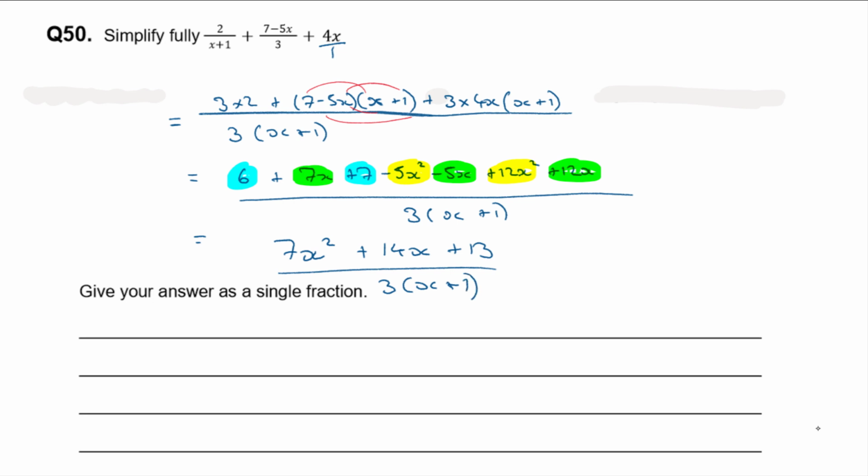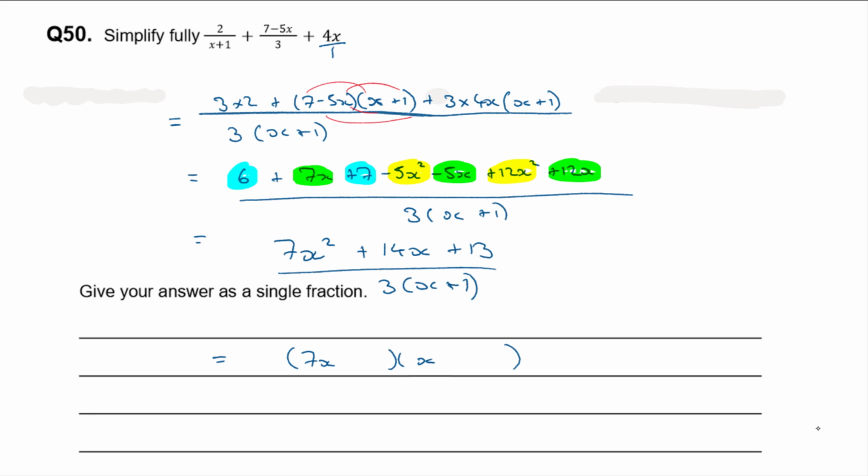Now, does that factorize? I'm just going to double check to see if it factorizes, because it might be that it cancels down with that x plus 1 if it does. So, can I factorize the numerator? Well, if I could, then I would have a 7x and an x, I guess, here. Factor pairs of 13 are few and far between. It's 1 and 13.